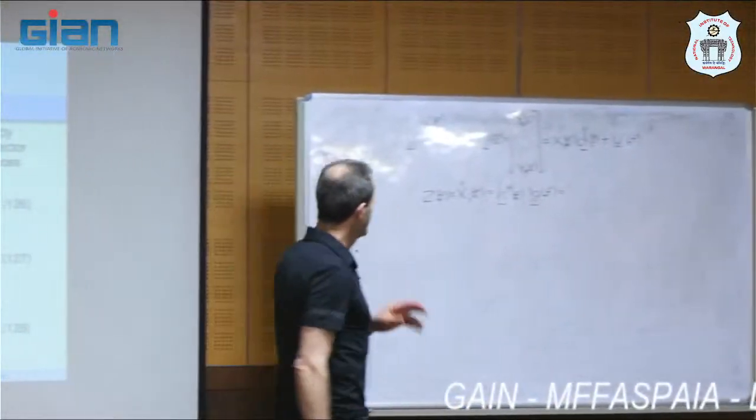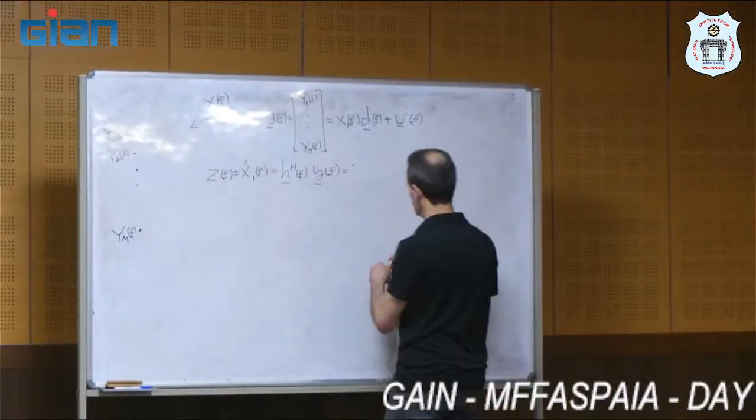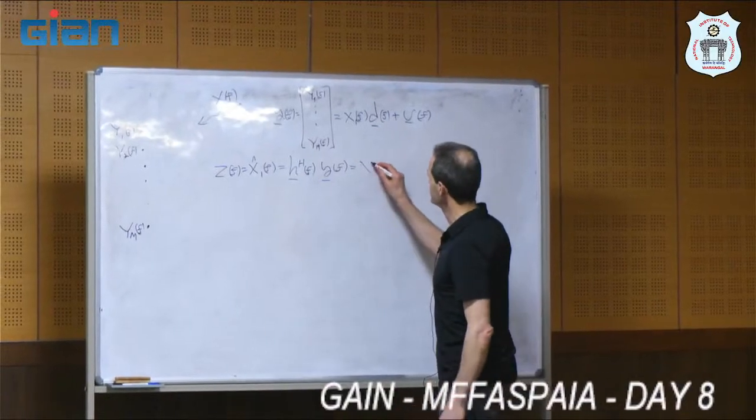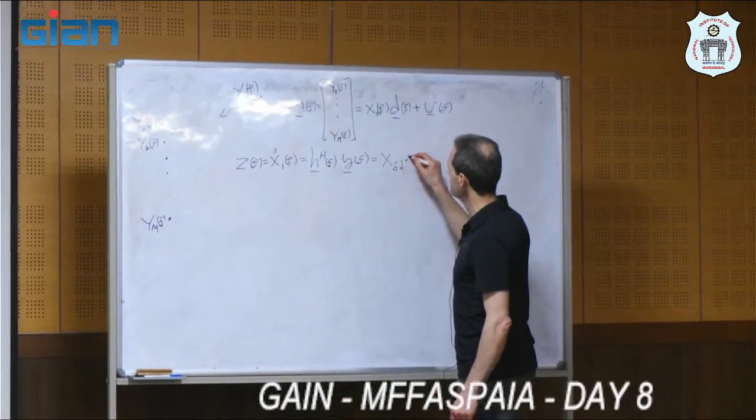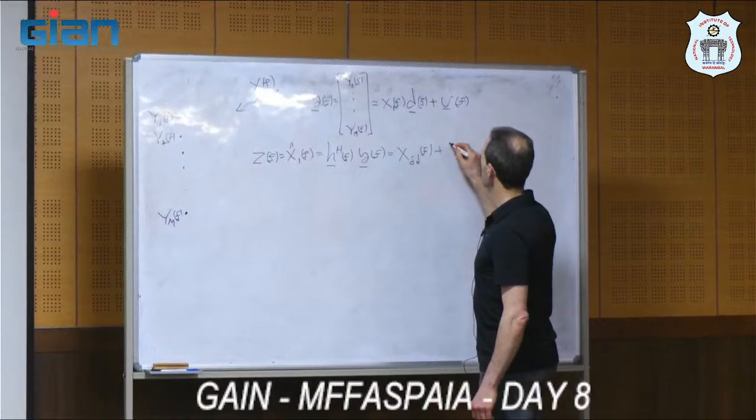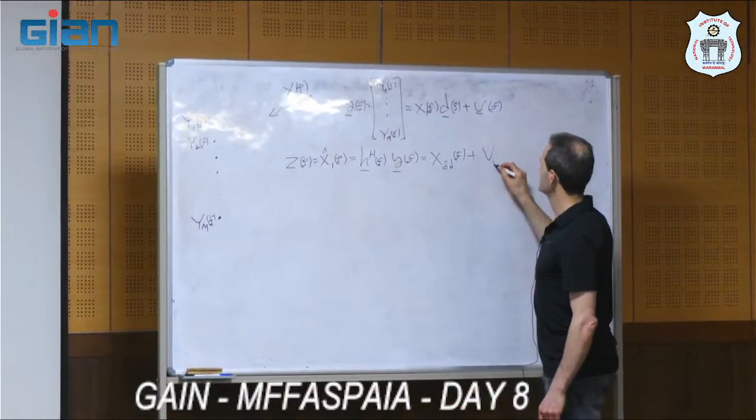So we have a linear filter like this, which we receive two components, X filter desired plus V residual noise.